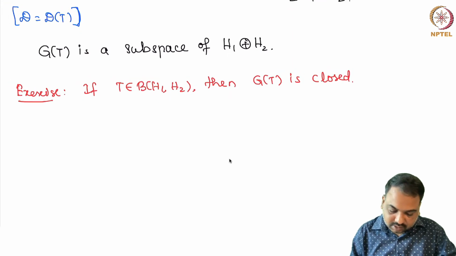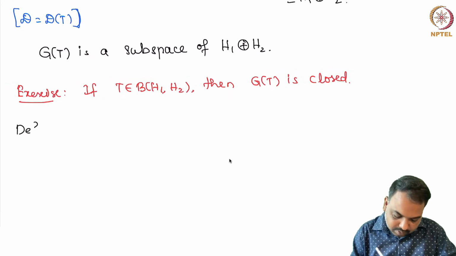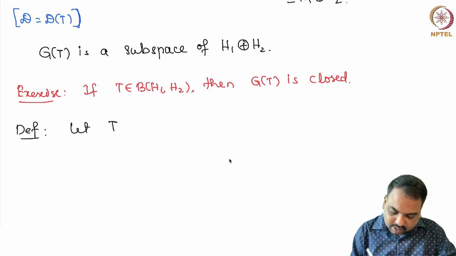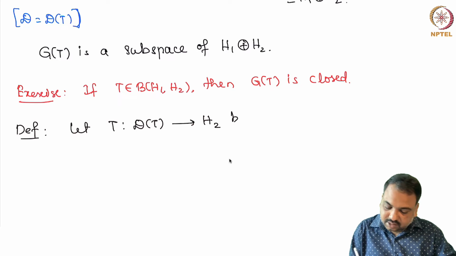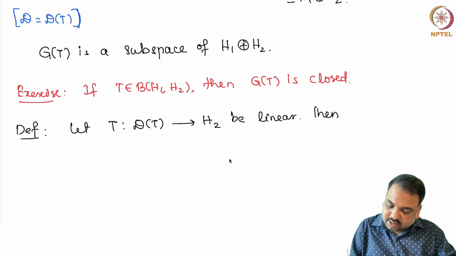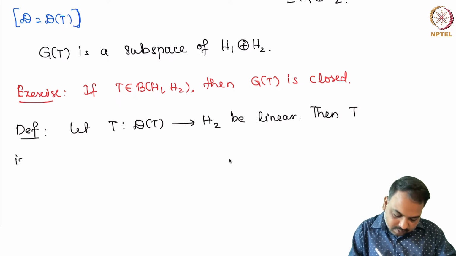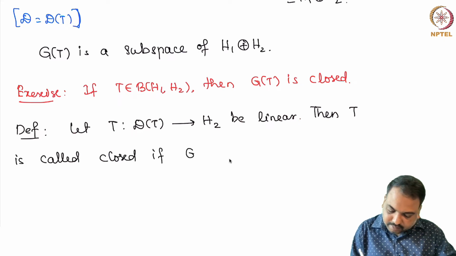Okay, so definition: let T be a linear map defined on D(T) and taking values in H2, where D(T) is a subspace of H1. Then T is called closed if the graph of T is closed.